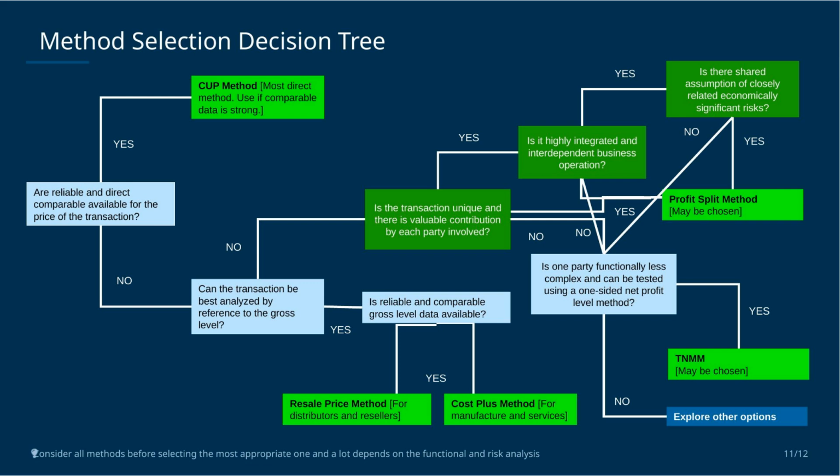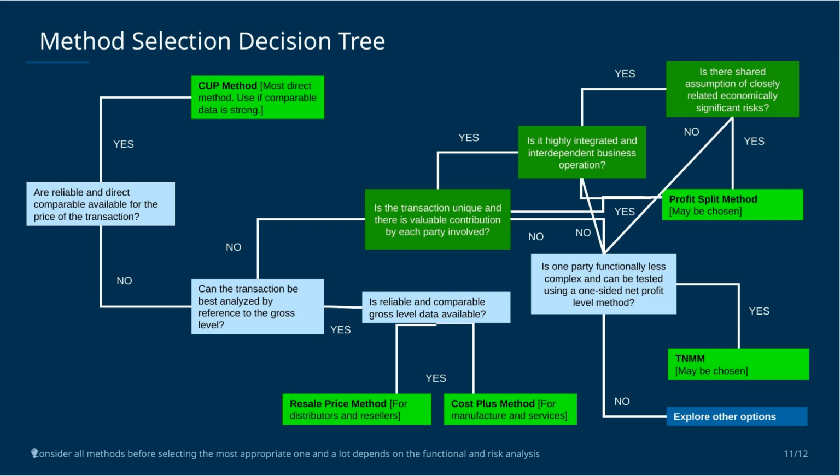Selecting the right transfer pricing method is sometimes like using a decision tree approach. If reliable comparables exist, the comparable uncontrolled price method is preferred. Otherwise, look at other traditional methods, such as RPM and CPM, based on functional analysis and level of reliable data available.